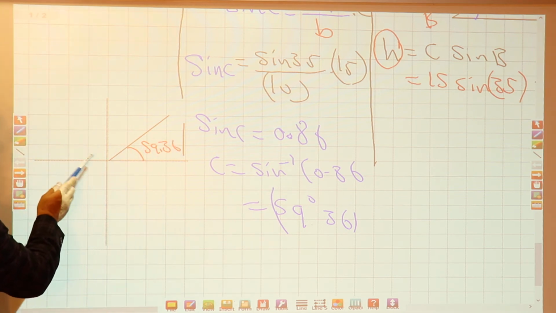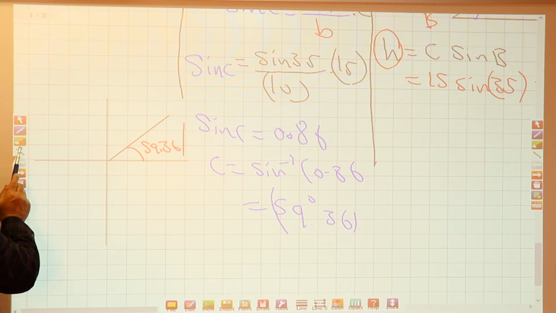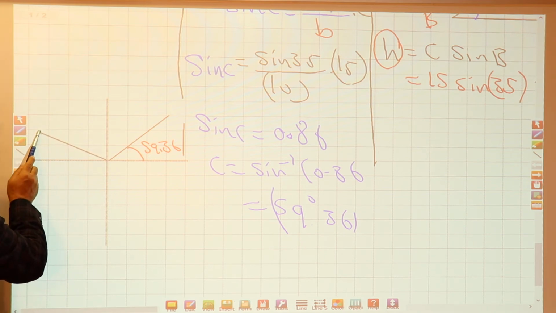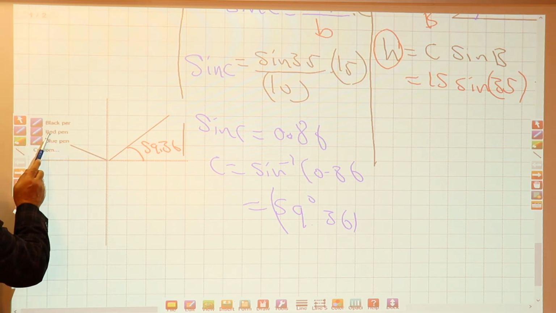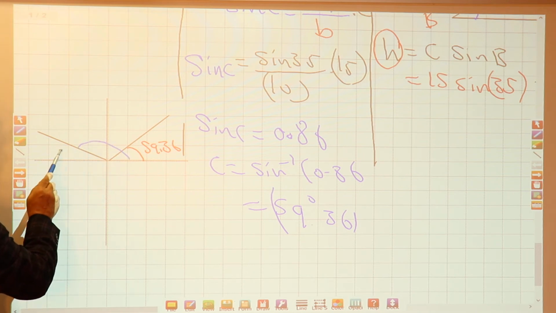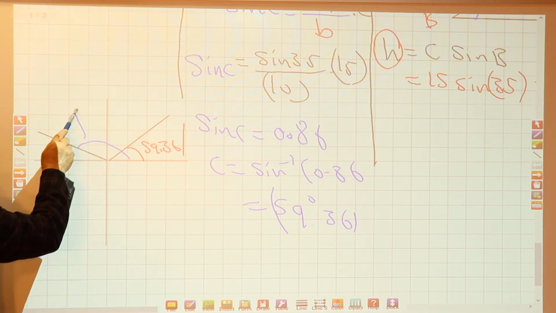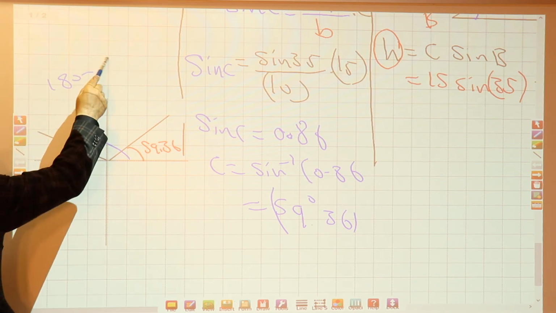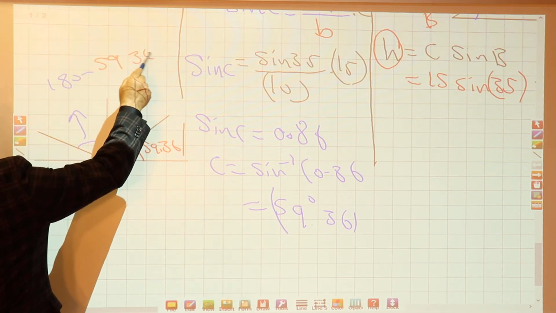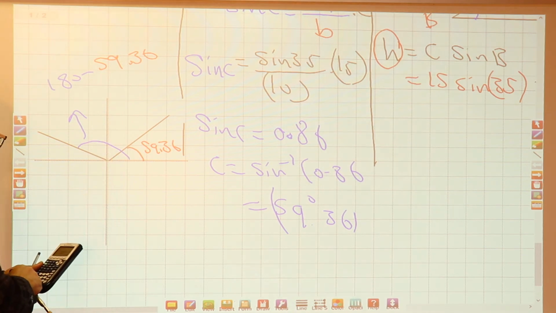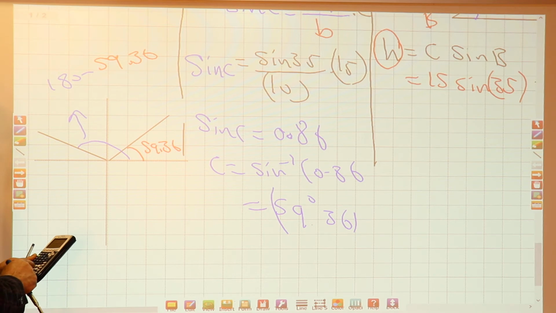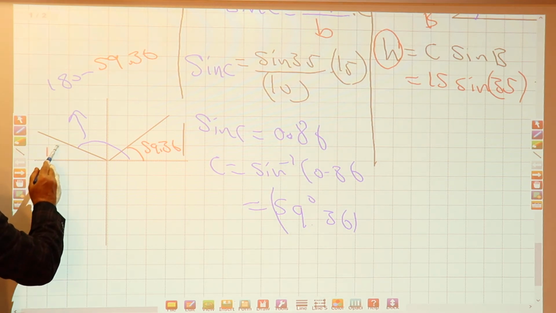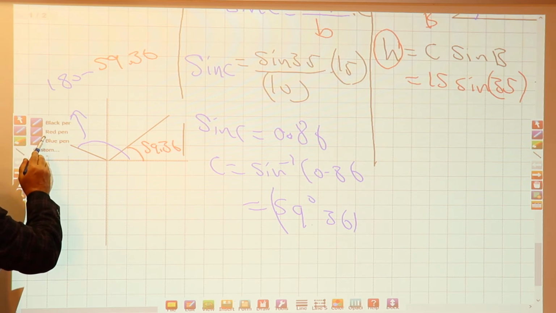The second case: sine is also positive in the second quadrant, so you take 180 minus 59.36, which is about 120 degrees.